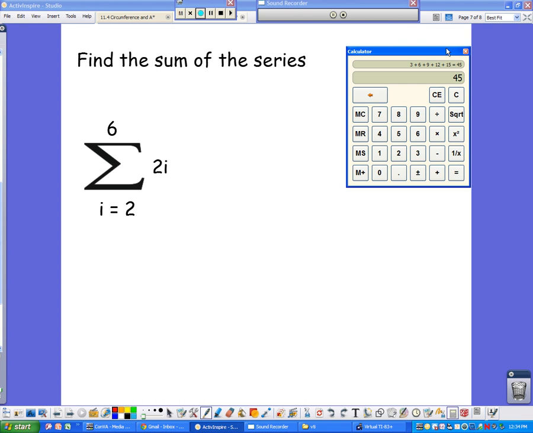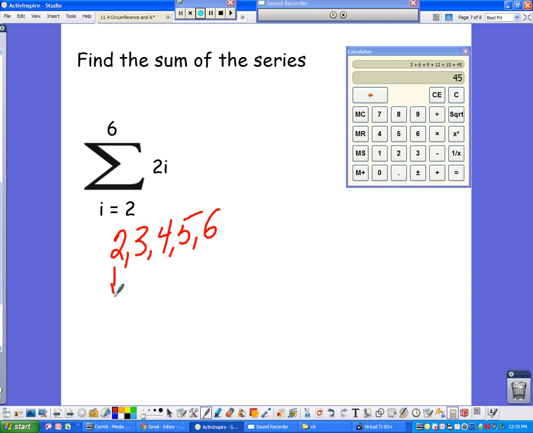All right. So remember, our i is 2, so we're going to go 2, and you go just in order. We start at 2, then we go 3, 4, 5, and we're going to go to 6 this time. Okay? So I'm going to do a shortcut. I don't expect you to write out 2 times 2, 2 times 3. Just know we got to do this.